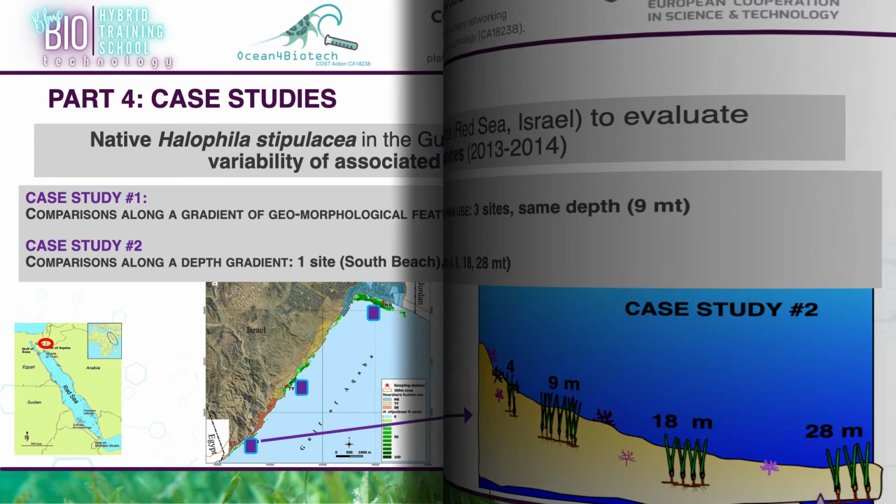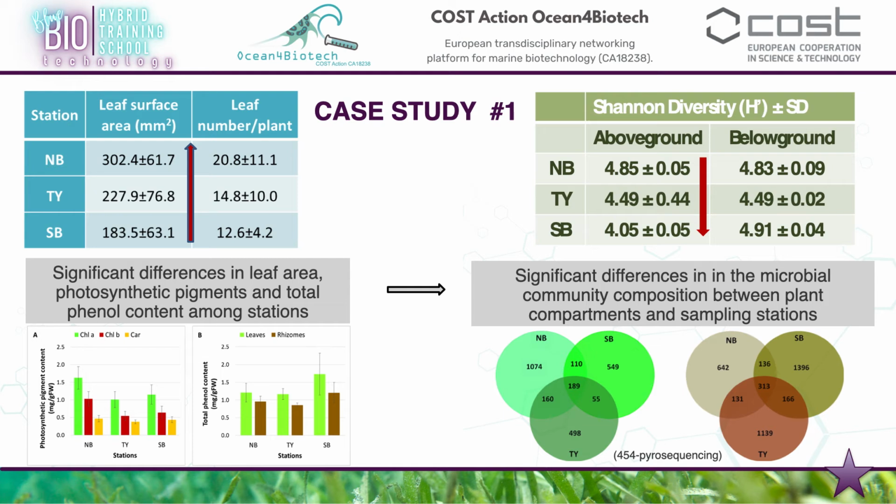What we found has been that by evaluating the morphometrics of plants, we saw significant difference in leaf area, in photosynthetic pigments and total phenol content among stations.